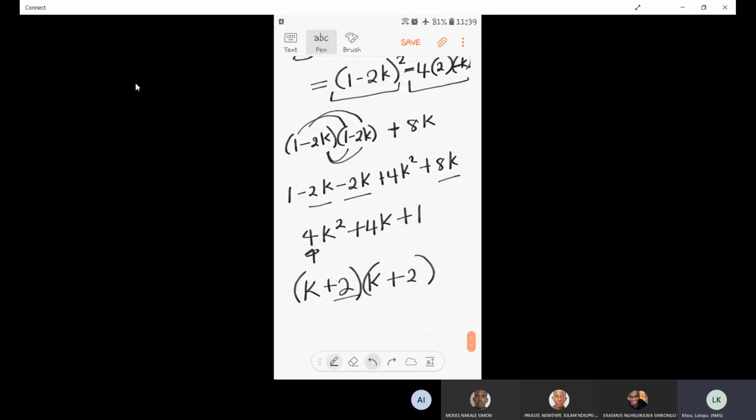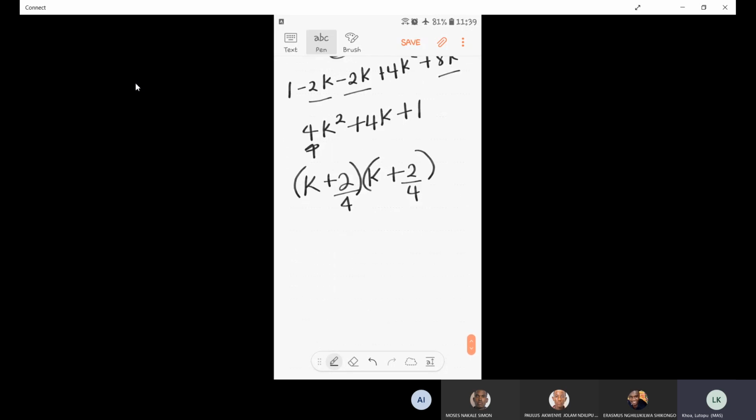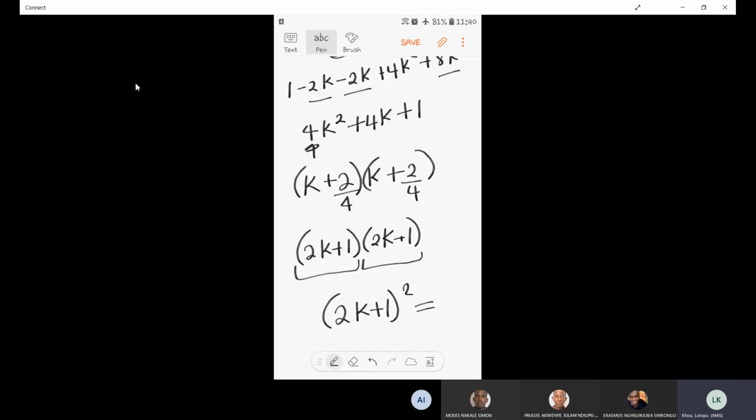So divide by 4, divide by 4. Then you simplify this, you get 2k plus 1, 2k plus 1. Now these two brackets are exactly the same, so I can write this as (2k plus 1) squared. And remember, this is the discriminant that I was working out.